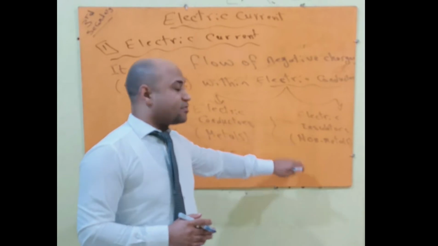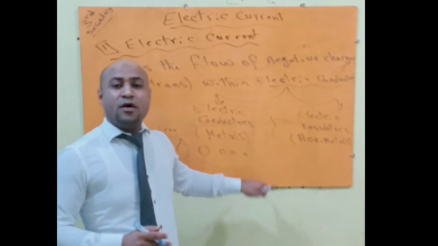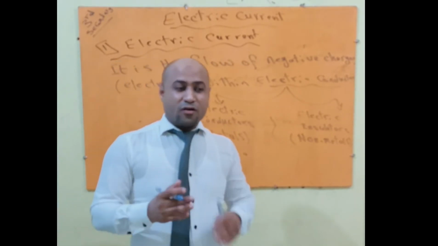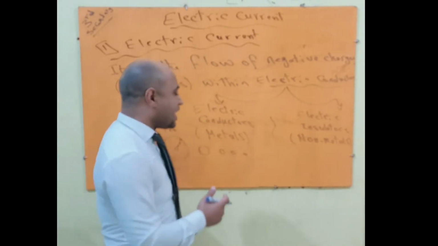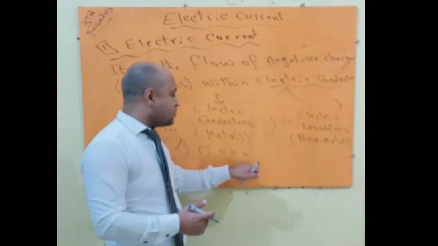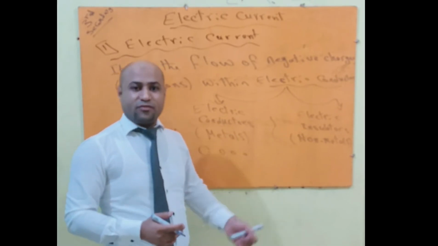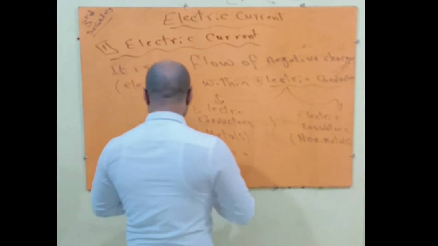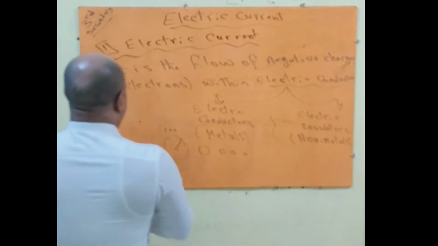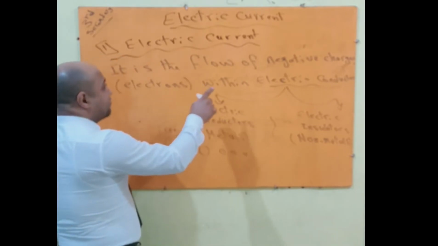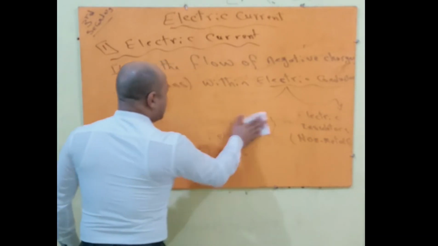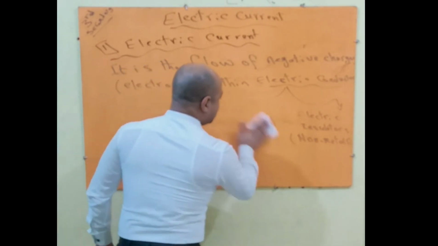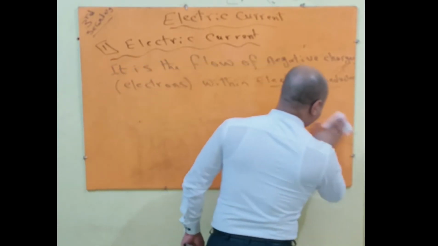While non-metals have a very small atomic size, so the outermost electrons are strongly bonded to the atom. They can't move from one atom to another, so they can't conduct electricity. Okay, we said that electric current is the flow of negative charges within electric conductors from one point to another.